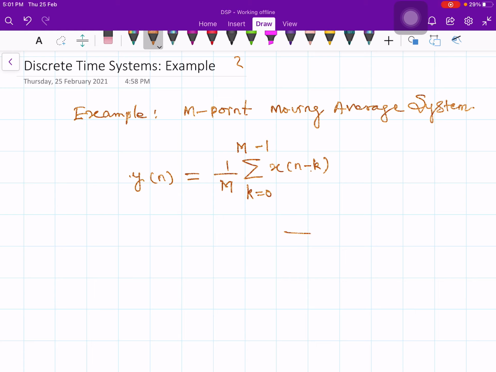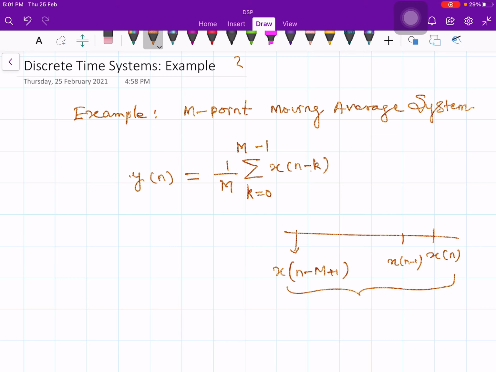Okay, so in the time axis, if you consider, you are adding all the values up to x of n, and this is x of n minus 1, dot dot dot, up to x of n minus M plus 1. So all these values are added up.